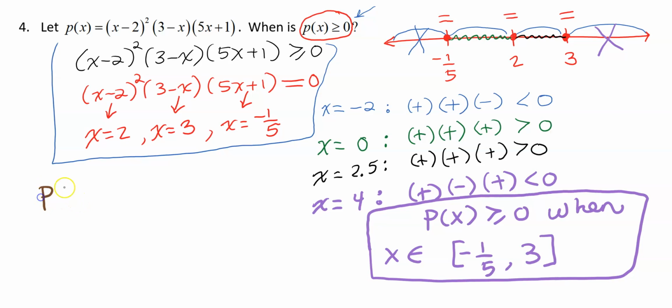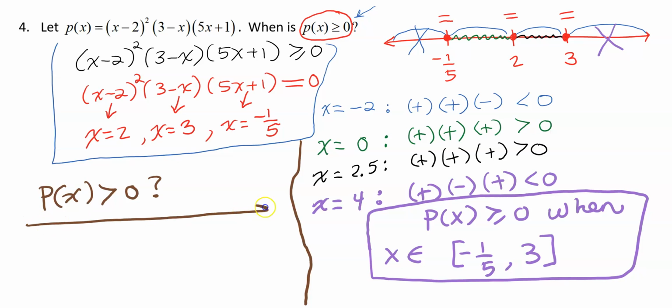So when is p of x greater than 0? The process is exactly the same, except we will not include negative 1/5, we will not include 2, we will not include 3, right?